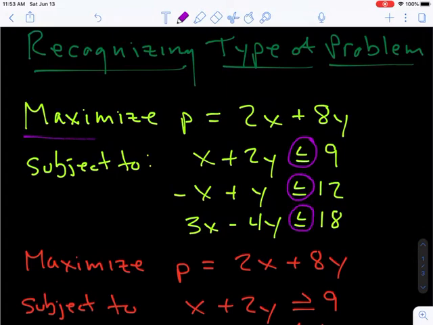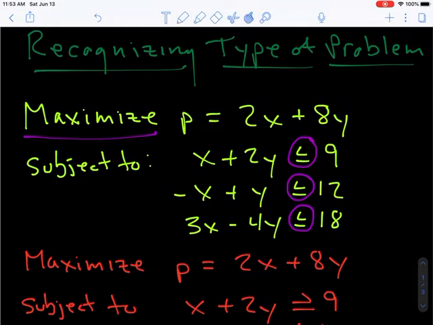So we're maximizing, and all of our inequality symbols are less than or equal to. This makes it a standard maximization problem. That's the first thing you need to do, identify that it is a standard max, and that tells you how to set up the initial table and how to approach the problem.